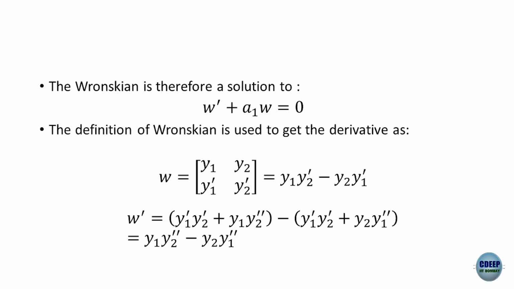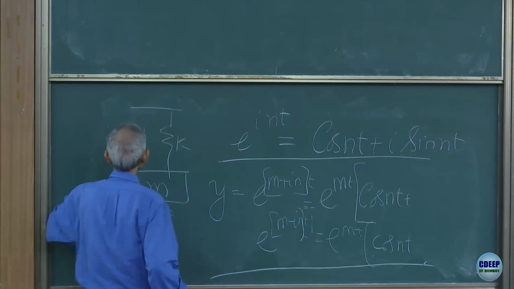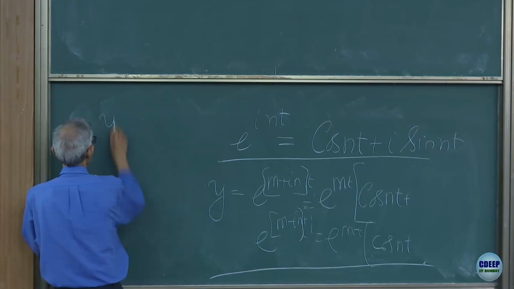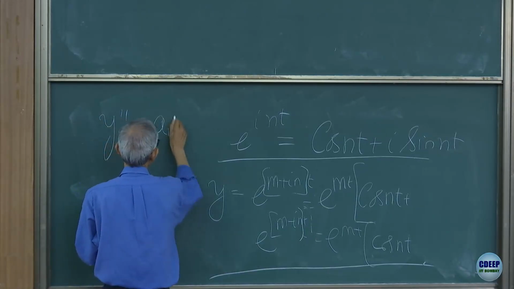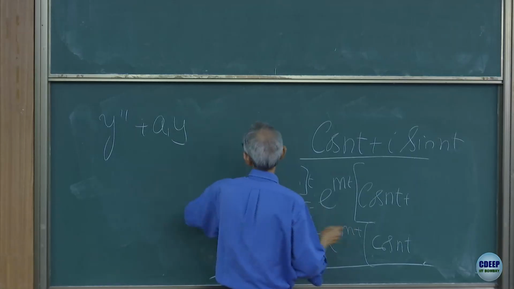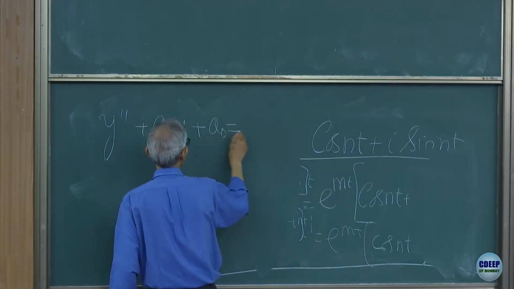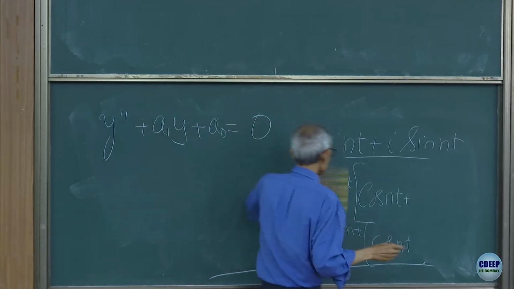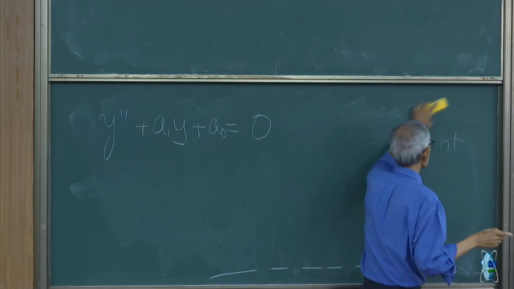What the theorem says is this: if I have the governing equation as y double prime, which we interchange with d2y/dt squared, plus a1 y prime plus a naught y is equal to 0. We're talking about a homogeneous equation as of now.